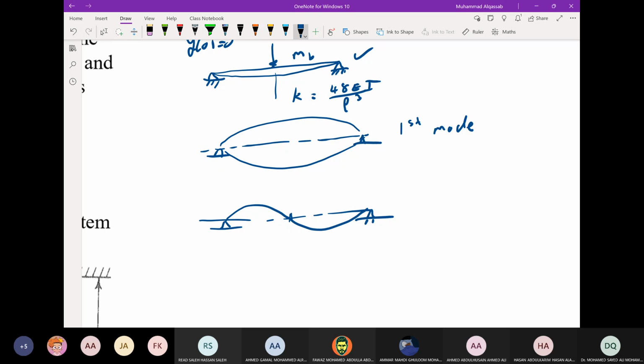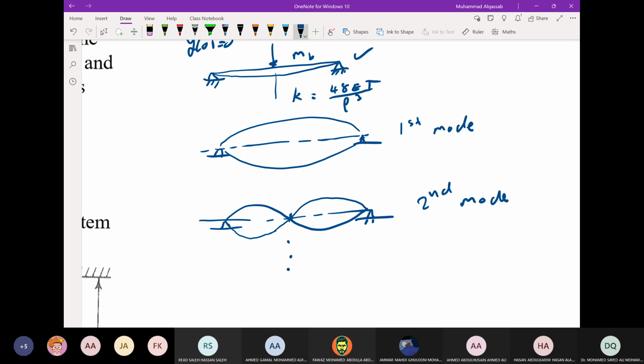And of course this is cyclic, so it changes up and down. The other configuration will be this part going downward and this part of the beam going upward. So this is a complete sine wave, and this is called the second mode. And so on.